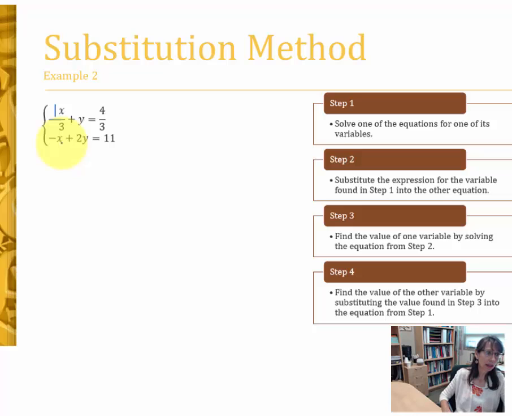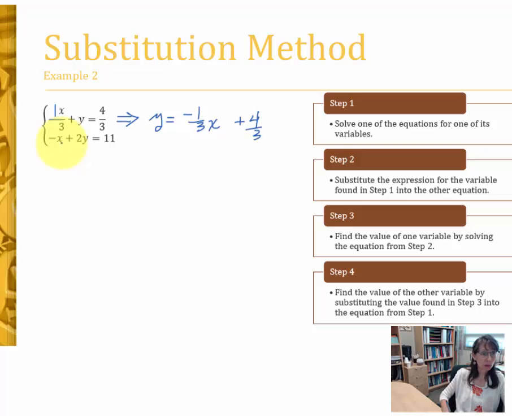Since that first linear equation has a positive y, it would be easy to solve that equation for y. To rewrite that, all I would have to do is subtract 1/3 x from each side to get y equals negative 1/3 x plus 4/3.